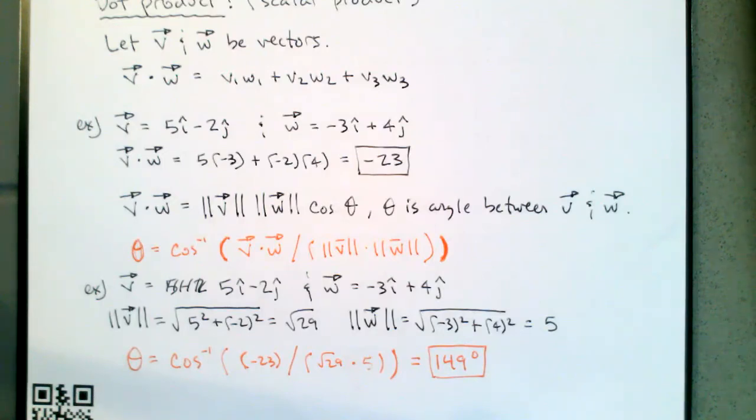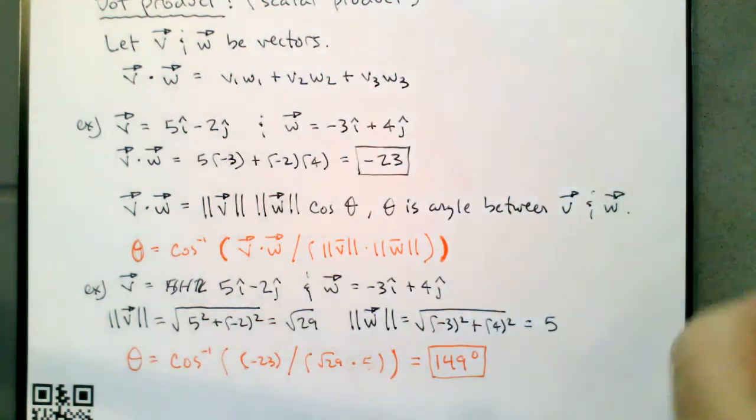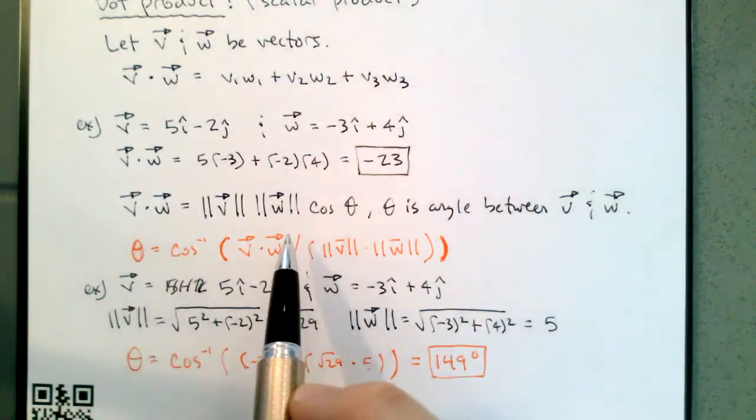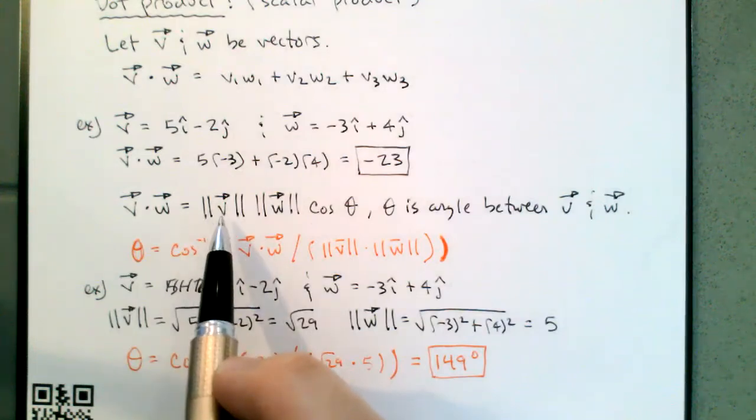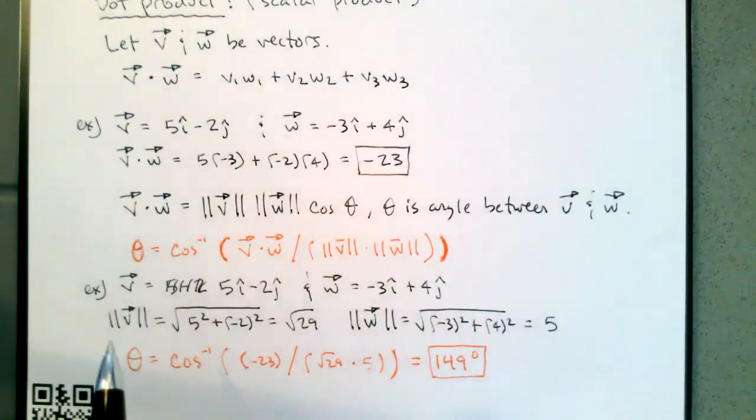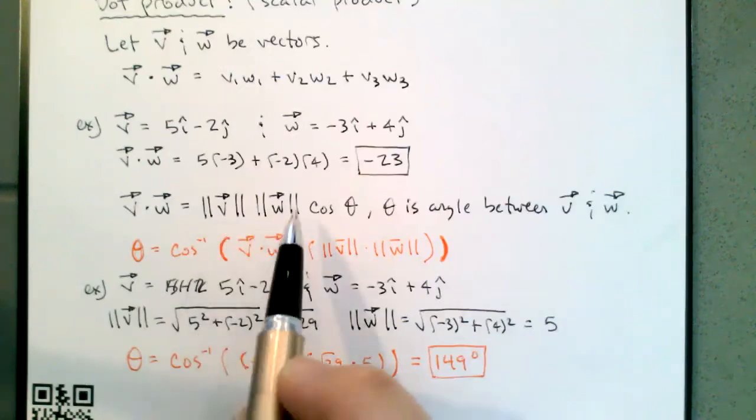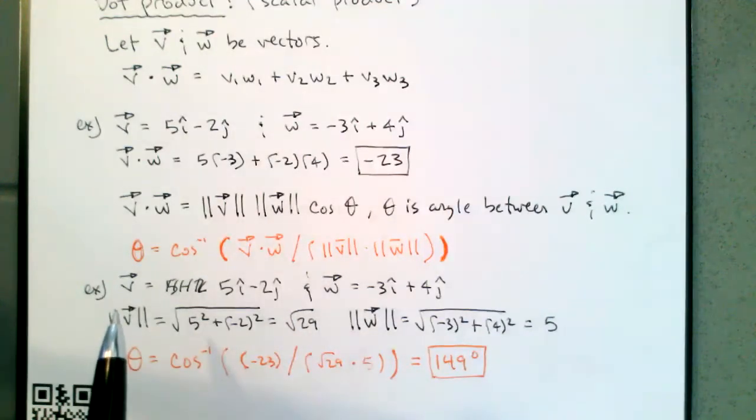One thing that we can note based on the dot product, another way that we can use this geometric definition of the dot product, is to note that if we get a dot product that's equal to 0, and v and w are non-zero vectors, then the magnitude of v and the magnitude of w are not going to be 0.